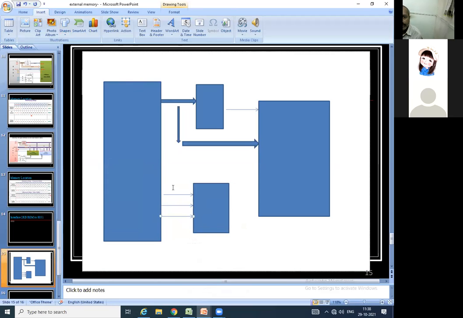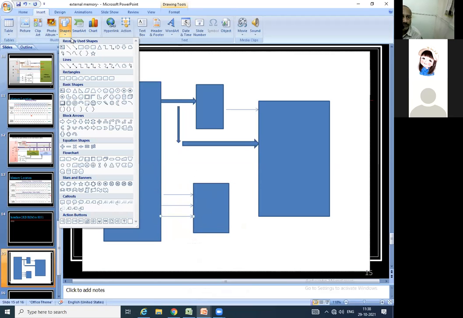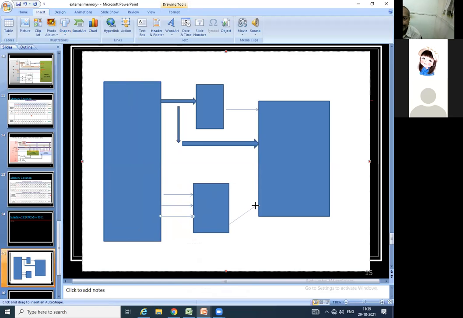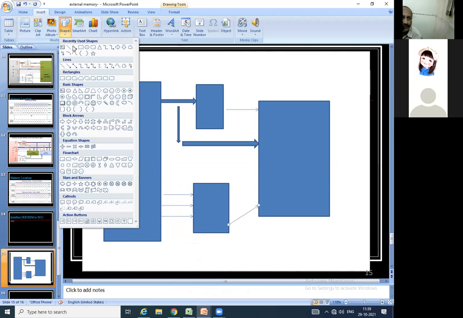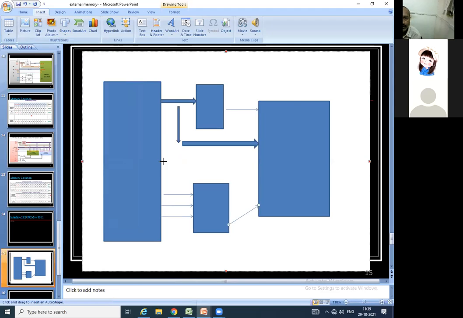But as we are giving 111, we are supposed to connect the Y7 line to the CS bar and the RD bar. This one line has to be connected. This much is all that is required for this.